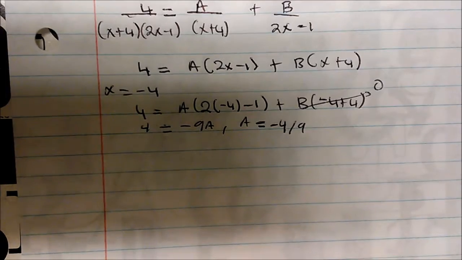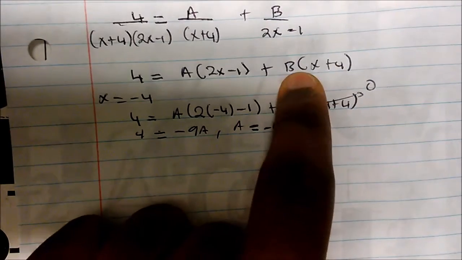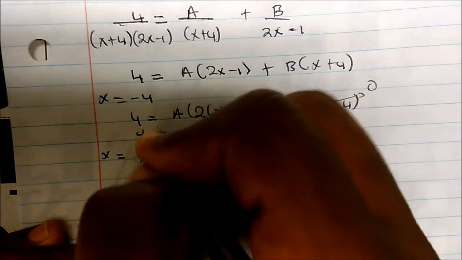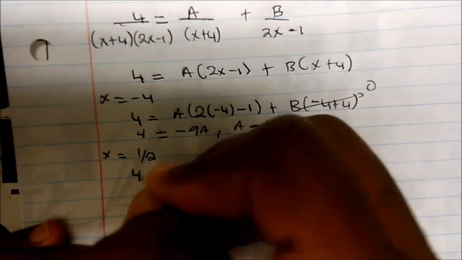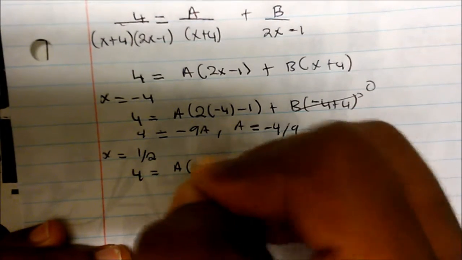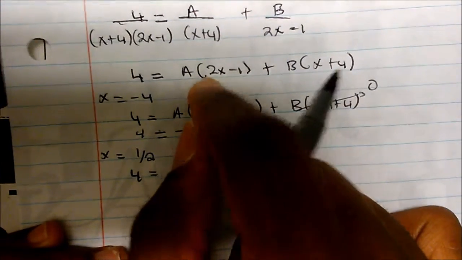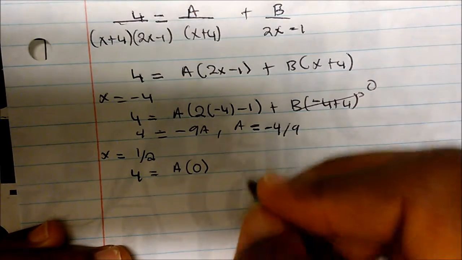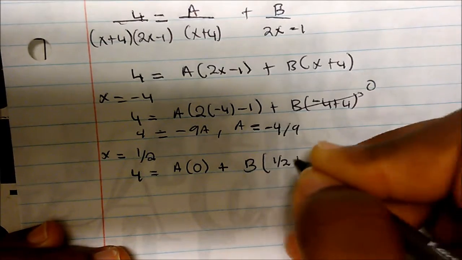Okay, and so I need to get rid of A to solve for B. If I set x to be equal to 1/2, then 4 is equal to A times 0, because 2 times 1/2 is just 1, and 1 minus 1 is 0. 0 times A is just 0. So this is A times 0 plus B times 1/2 plus 4.